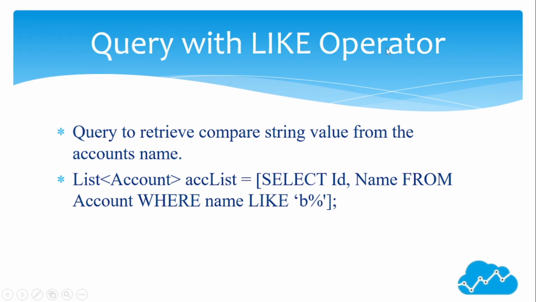Query with like operator: query to compare a string value with the account's name. We have to write List<Account> accList = [select id, name from account where name like 'B%']; putting the percent symbol, bracket close, semicolon.